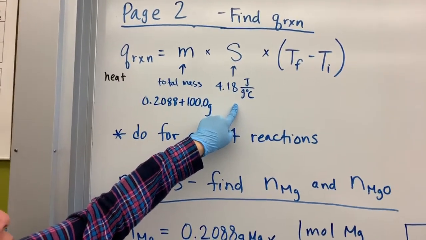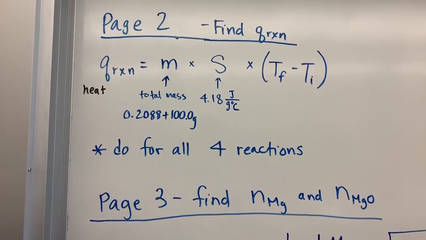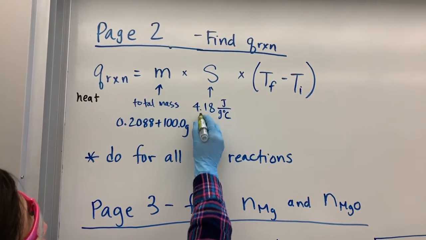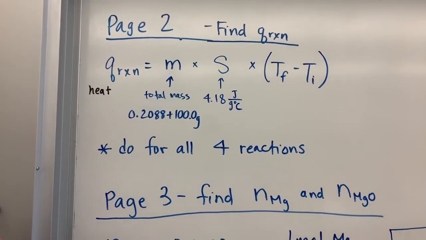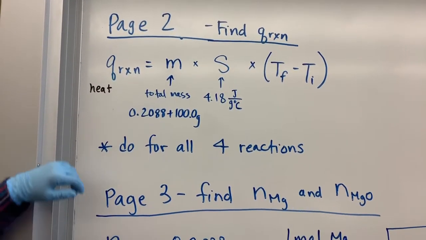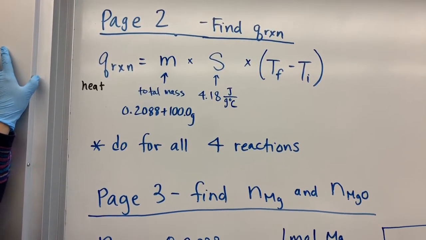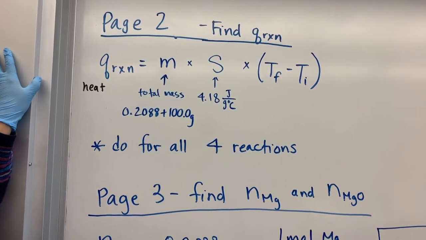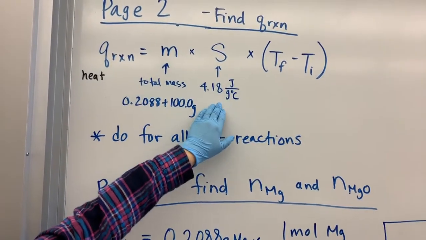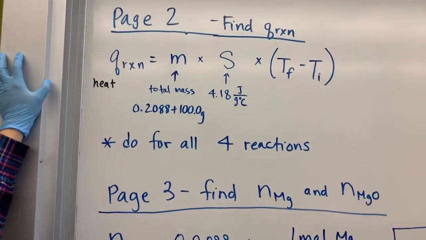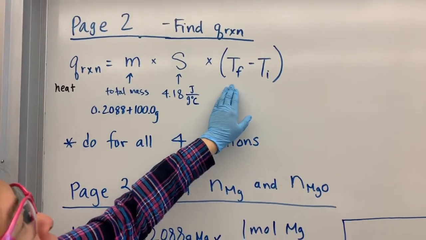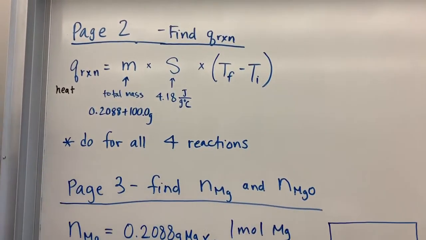The specific heat for an aqueous solution is 4.18 joules divided by grams degrees Celsius, because you are assuming that the majority of the solution is water, and this is the specific heat of water. Okay? You're going to plug in your final minus your initial temperature. Okay?